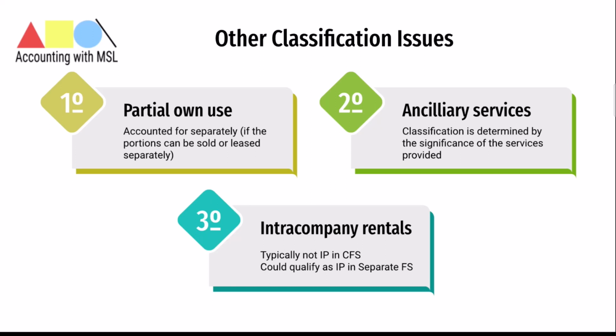This would be in line with principles of IFRS 3 business combinations and IFRS 10 consolidated financial statements. However, such property could qualify as investment property in the separate financial statements of the lessor if the definition of investment property is met. So these will fall under the rules of IAS 27, separate financial statements.